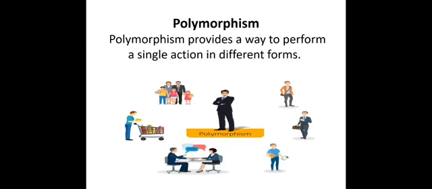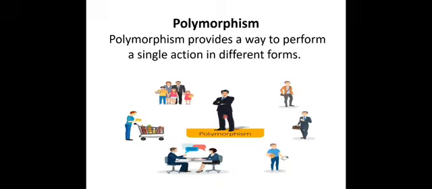Now let's see what is polymorphism. It is the concept where an object behaves differently in different situations. For example, in real life, a person can have different characteristics at the same time. Like a man at the same time is a father, a husband, an employee, etc. So the same person possesses different behavior in different situations.